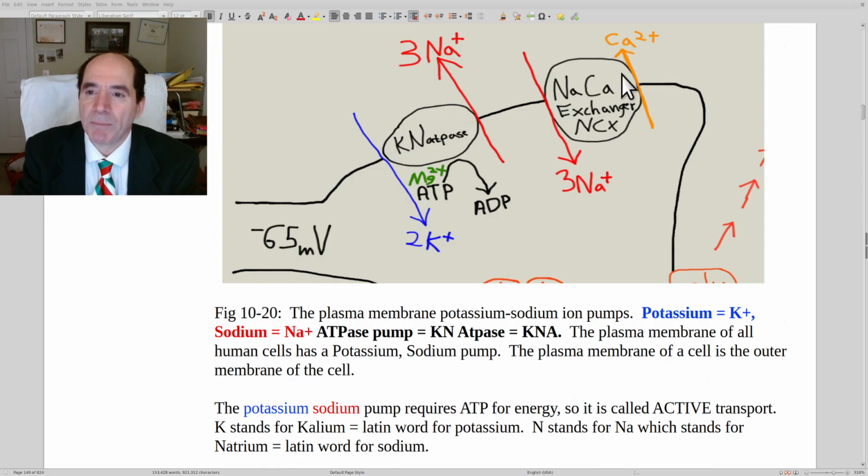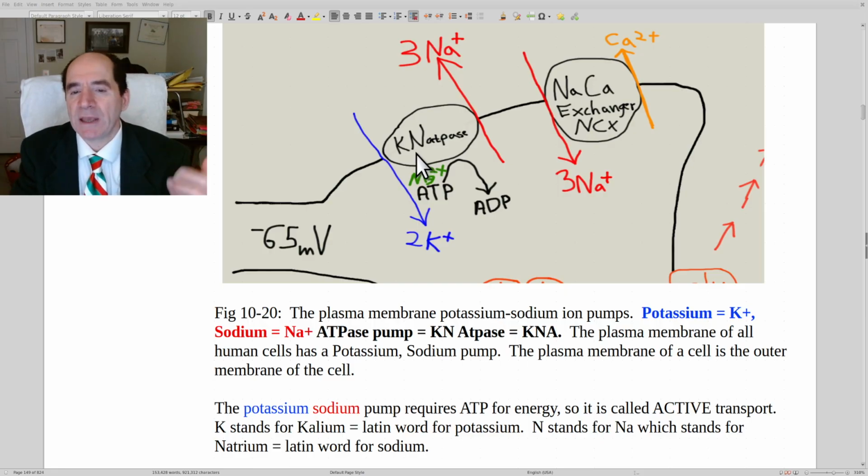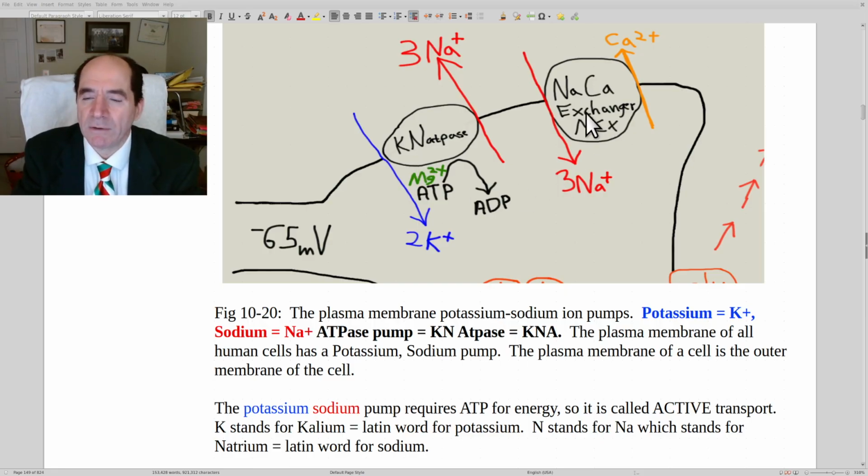So the calciums are pumped out, and you do that by allowing some sodium to come into the cell. And the reason it all works is because there's far more of these potassium sodium ATPase pumps than there are of these guys, like NaCa exchangers. NaCa is Na for sodium, Ca for calcium, X is exchanger. Okay? And so this is how cells do work.